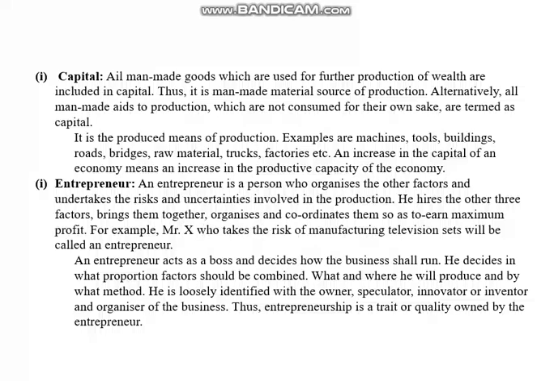because he is renting a building, and he is making rooms and other things ready. He is employing the cooks and cleaners and others. He is getting the raw material and other things.